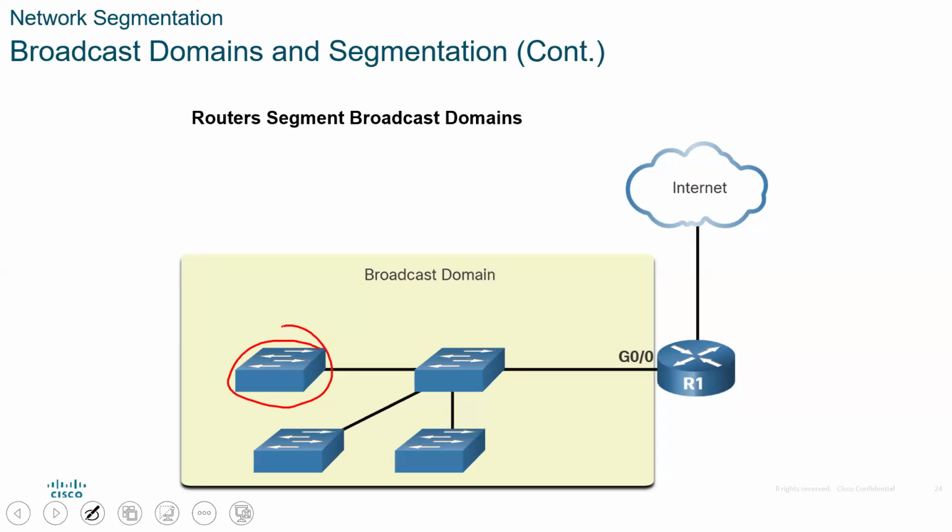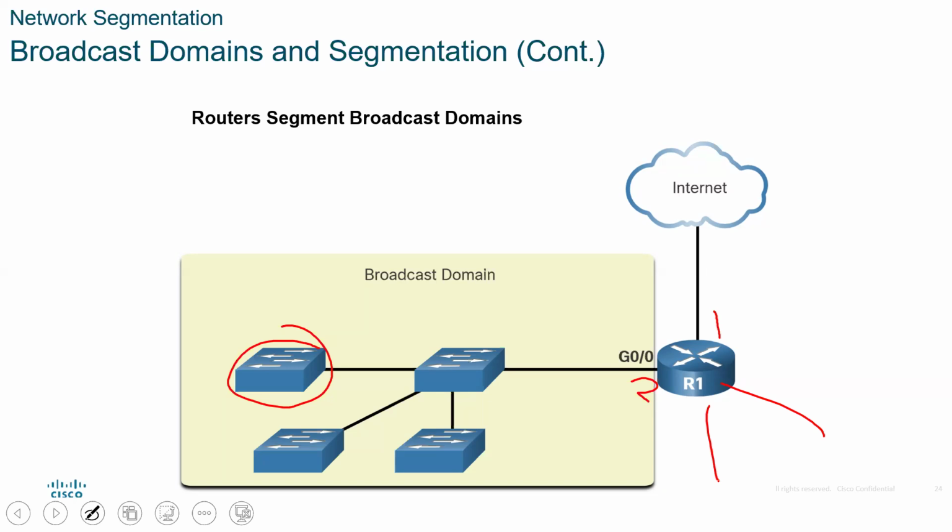That's how a switch functions. But a router does not function like that. Even if a router has 2, 3 or 4 interfaces, if a message enters one port, it does not go out through all the other ports. It only goes out through the port that is expected.